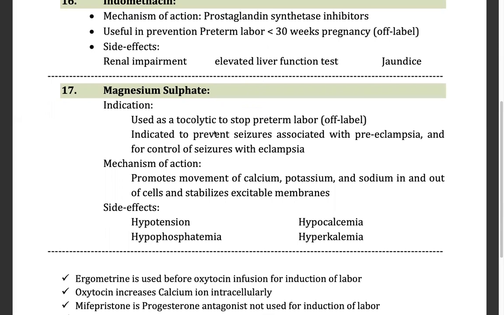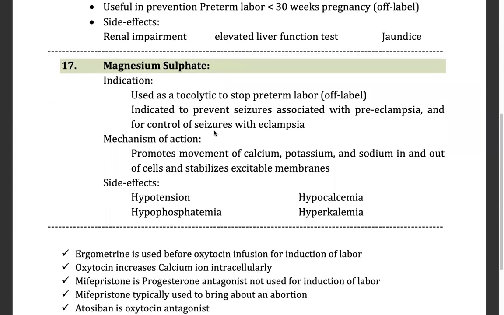Magnesium sulfate is used as a tocolytic to stop the preterm labor. Tocolytic, the drug which causes uterine relaxation.